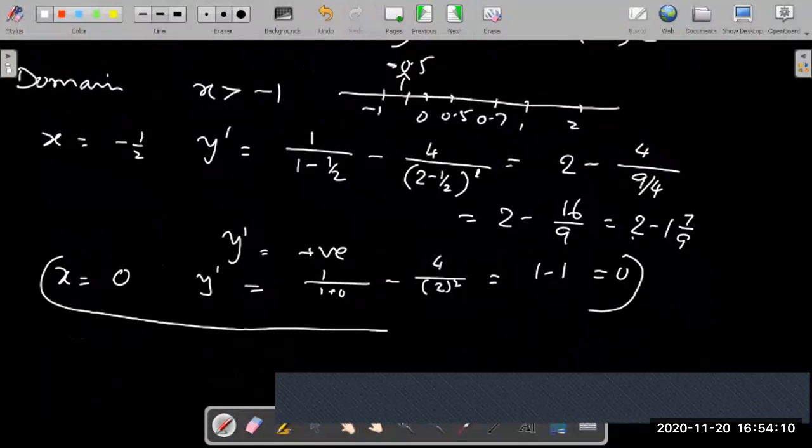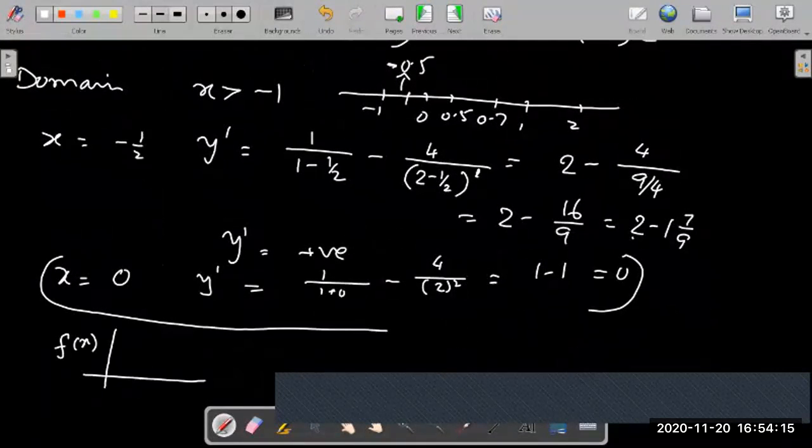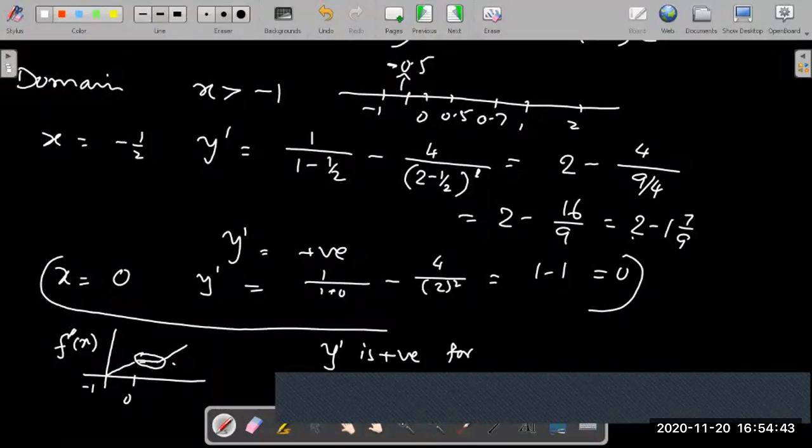What this means, so when you actually look at f of x, and if it is from minus 1 to 0, it is increasing, rather f dash x is positive here. And suddenly it became 0 at this place, okay? And again it will be increasing. So if you remember the graph, if there is some flat thing, then we say y dash is positive for some intervals.